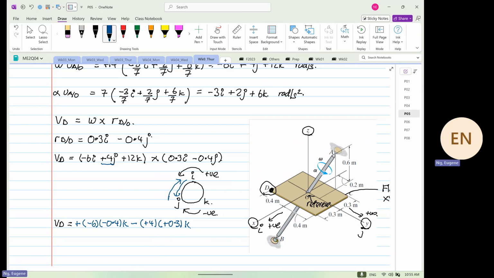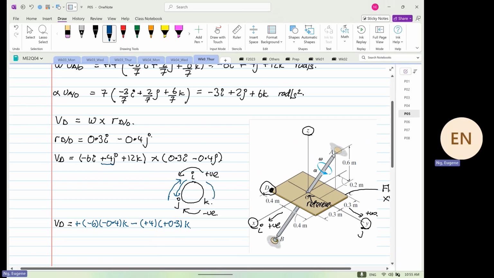Then the next term, K cross I. K cross I is positive. Then you multiply positive 12 by positive 0.3, and K cross I gives you J. The last one is K cross J. K cross J is this way, so it's going to be negative. Then you have positive 12 multiplied by minus 0.4, and K cross J is equal to I.